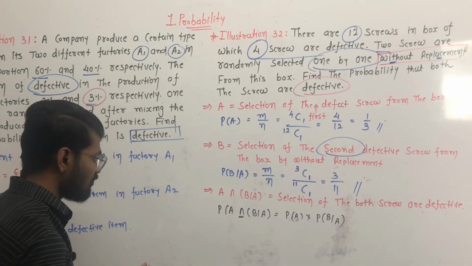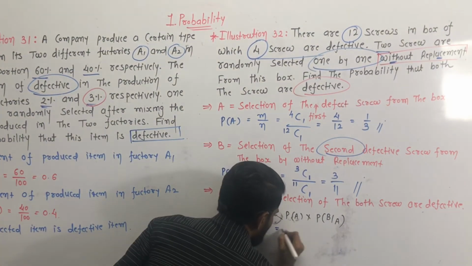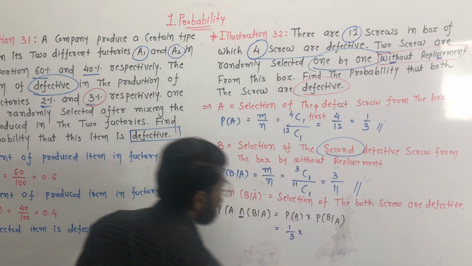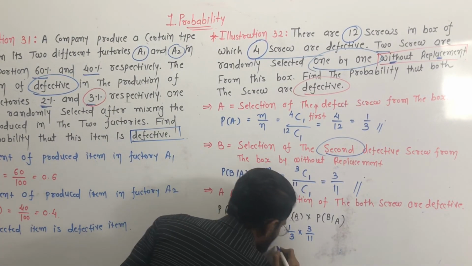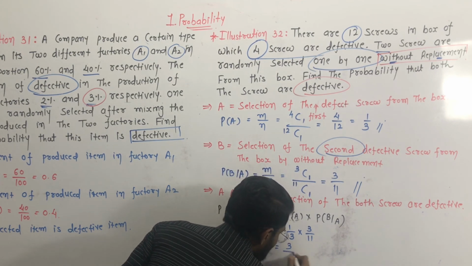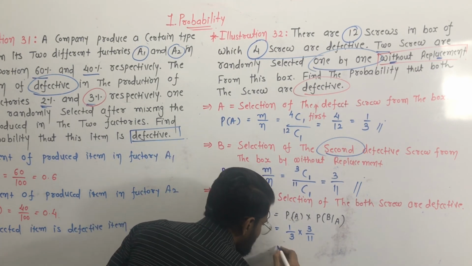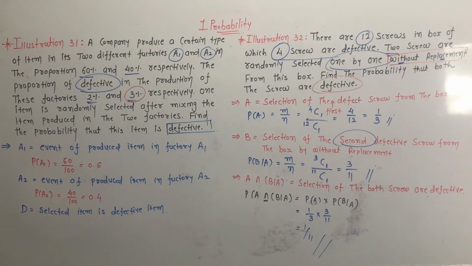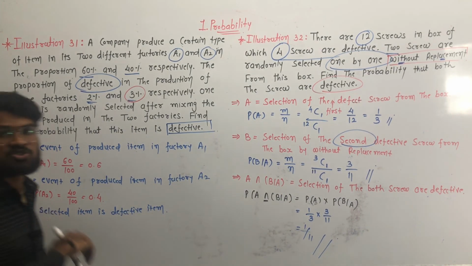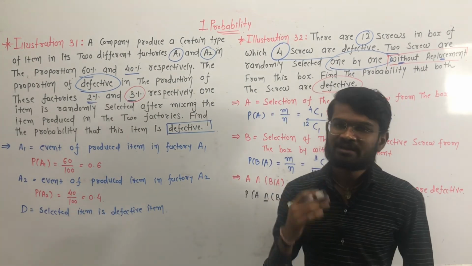Put in the values: P of A is equal to 1 by 3, and P of B given A is equal to 3 by 11. So it will be 3 by, okay, 3 is cancelled, so it is equal to 1 by 11. Clear? Write it down. Done? Okay, so keep practicing and we will meet you in the next lecture.